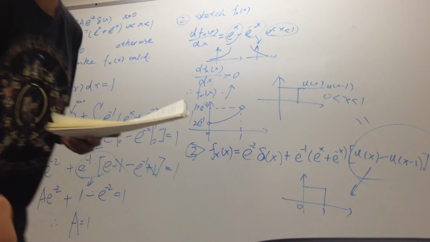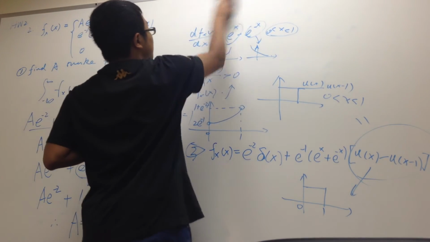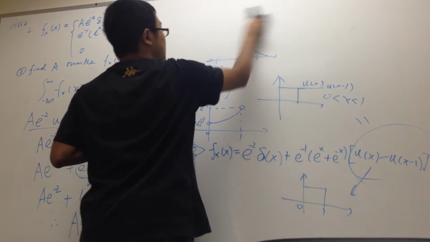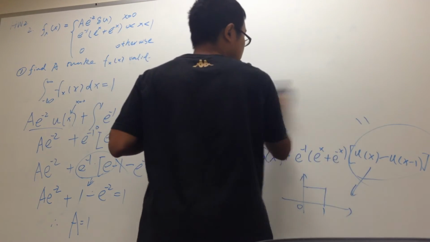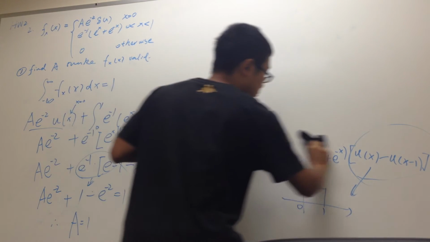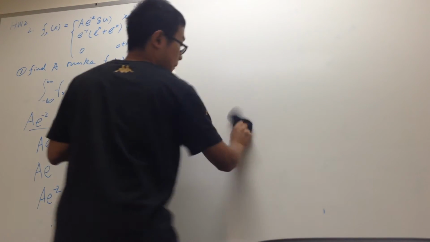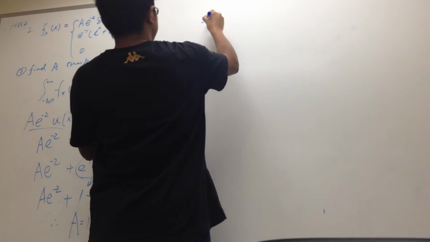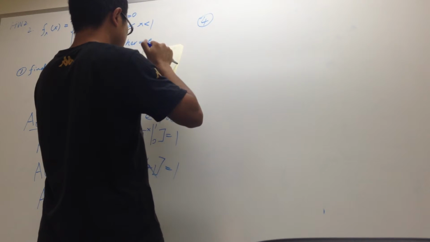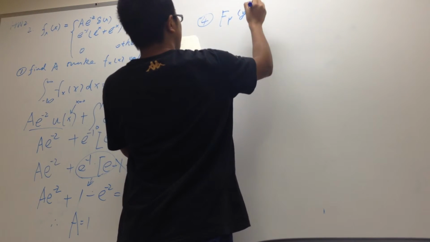Sorry, I have to erase something. Wait a minute. Okay. In the fourth question, we need to figure out the distribution function F_Y(y).